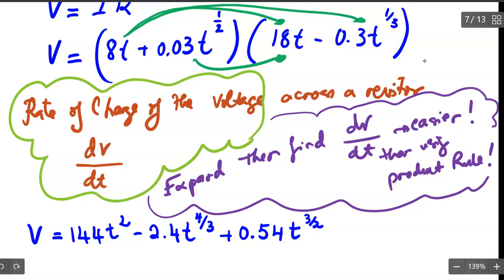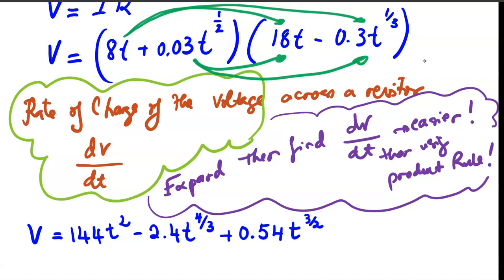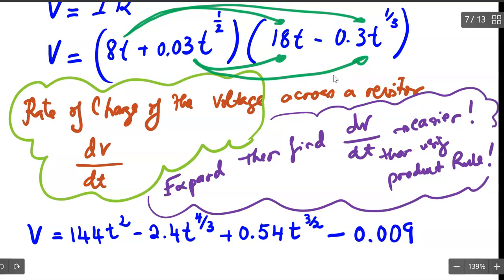And for my very last term, I multiply this by that. Should it be a positive or a negative value? It is negative, because the positive here is multiplied by that negative, so I have 0.009 t, and I take a half plus 1/3, so I have t to exponent 5/6.